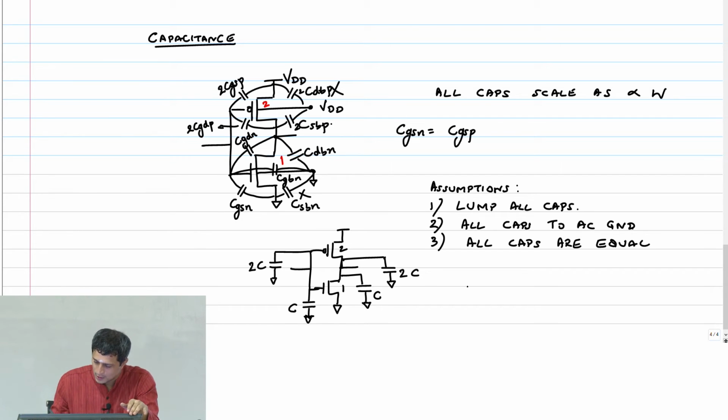So net thing I can do is take an inverter and simply write it as a sum of two capacitances.